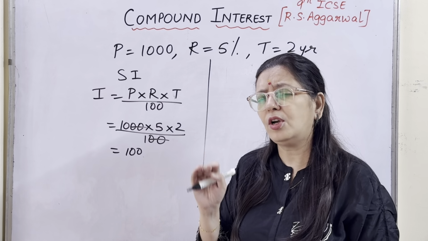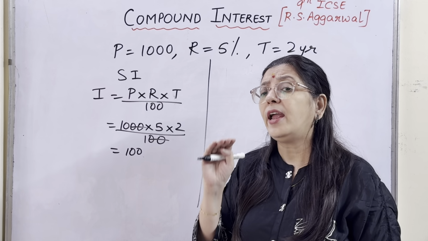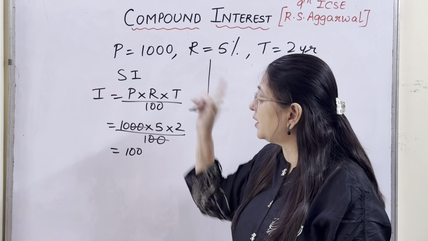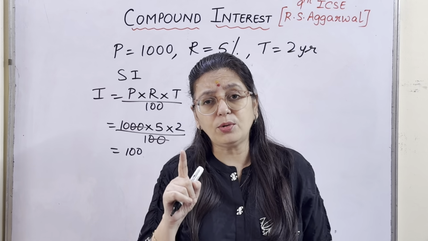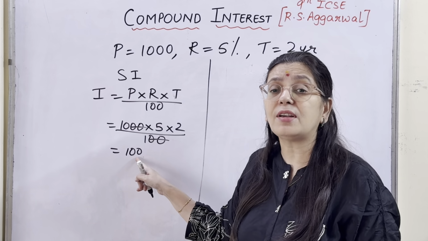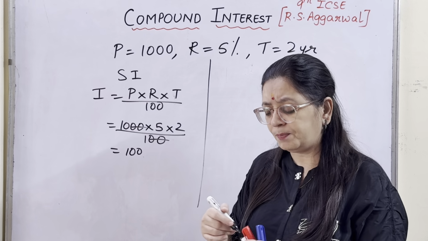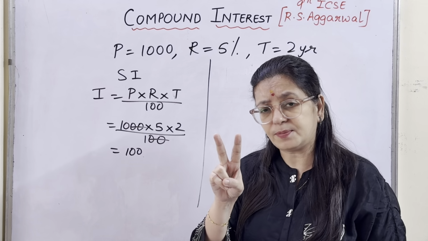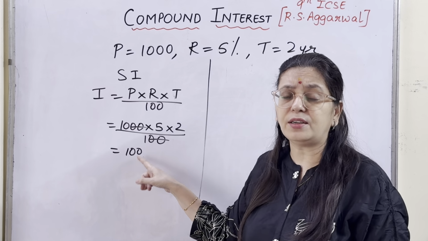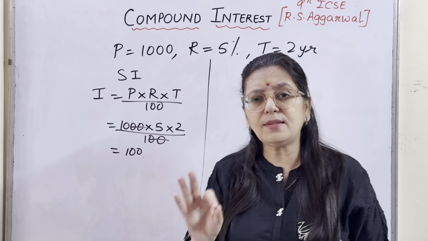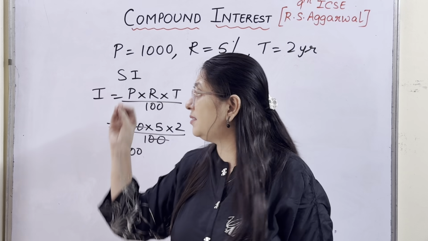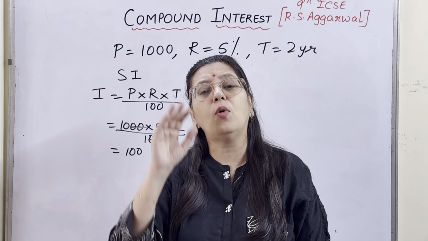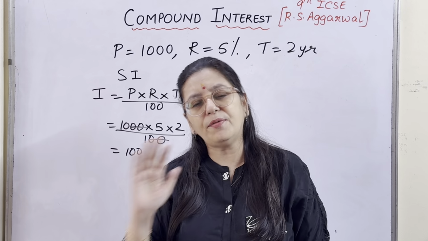So that means every year, for the first year also, I am going to get interest which is half of this, which is 50 rupees, because this interest I have earned in 2 years. So for 1 year it would be 50 rupees. So in simple interest, the interest will always remain the same every year.